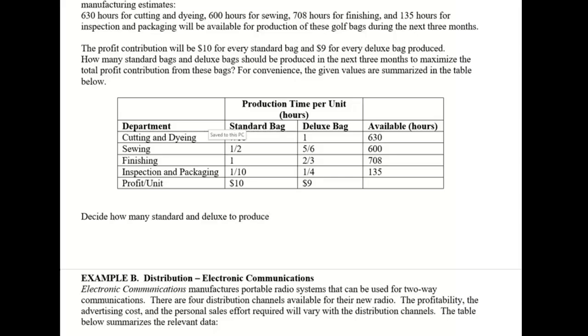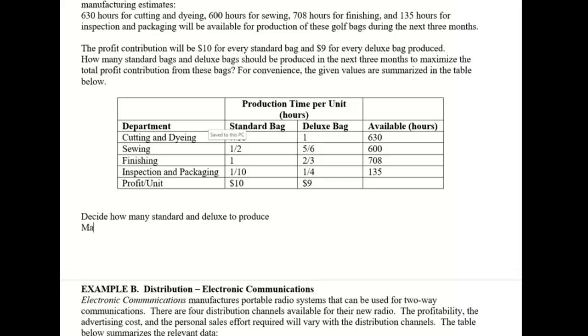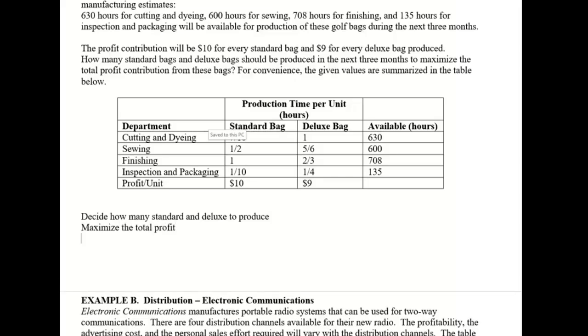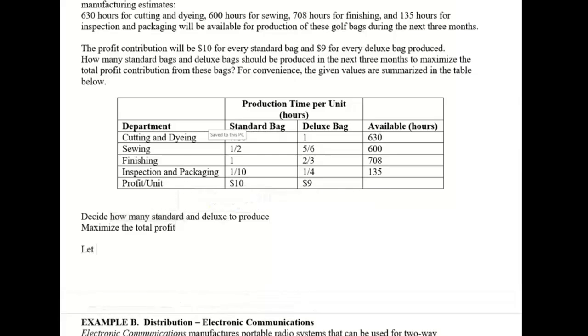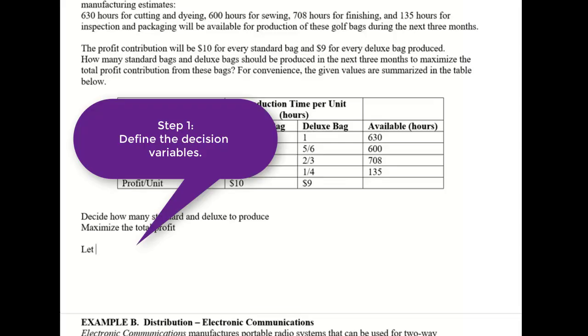So that is what we're trying to do, and we want to maximize our total profit from it. And then we have certain constraints. And so the first thing is let's give names to these guys. So we're going to designate two variables because there's two quantities we're trying to decide on. So number of standard bags, and number of deluxe bags.